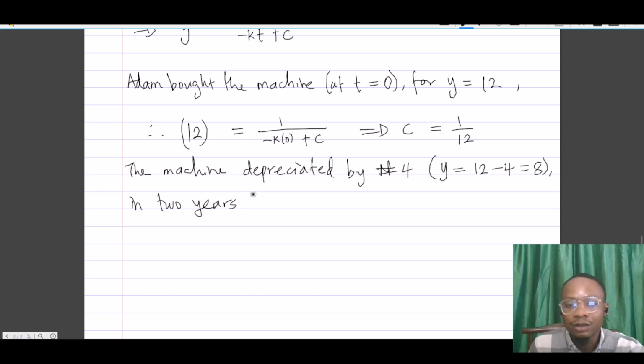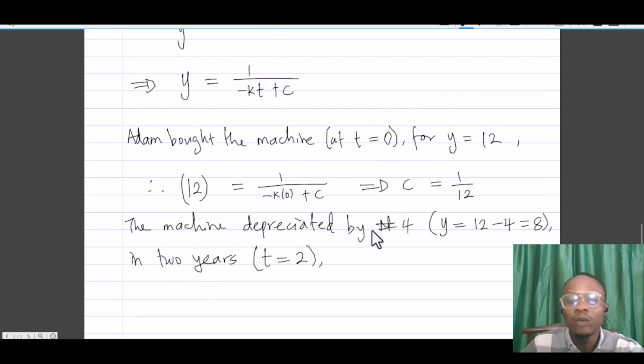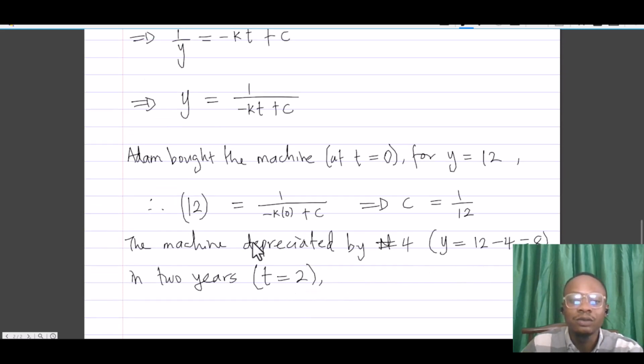And so in 2 years means when t equals 2. That is, we're taking our t equals 0 to be the time that Adam bought it. So t equals 2 will be 2 years after Adam bought it. So what is the implication of that? That means when y is equal to 8, our t was equal to 2. So we substitute that in this expression. We can call this equation star, for instance.